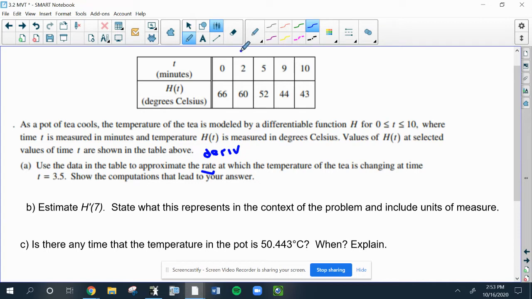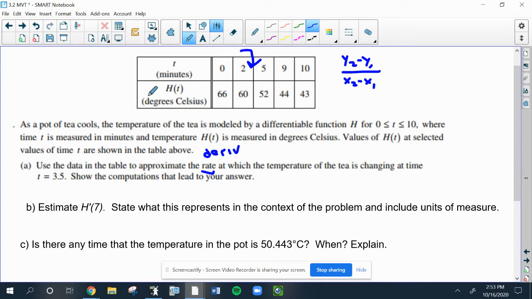Since 3.5 is somewhere between 2 and 5, if we take the slope between 2 and 5, so y2 minus y1 over x2 minus x1, that would be an approximation of the derivative of anything between 2 and 5.